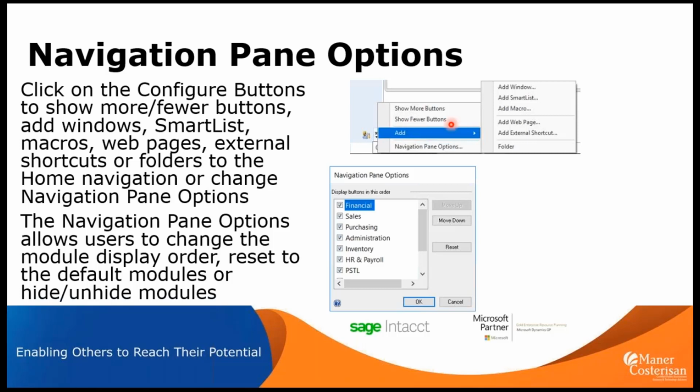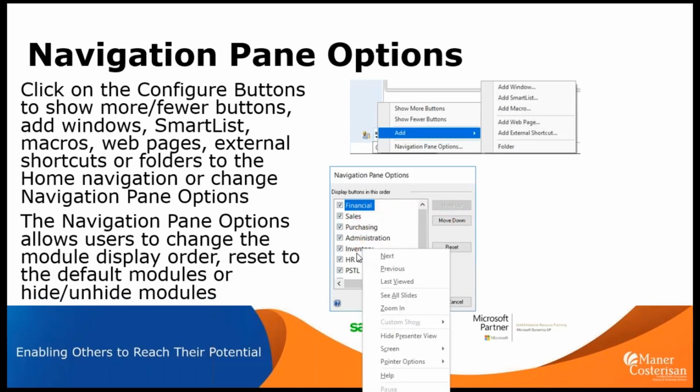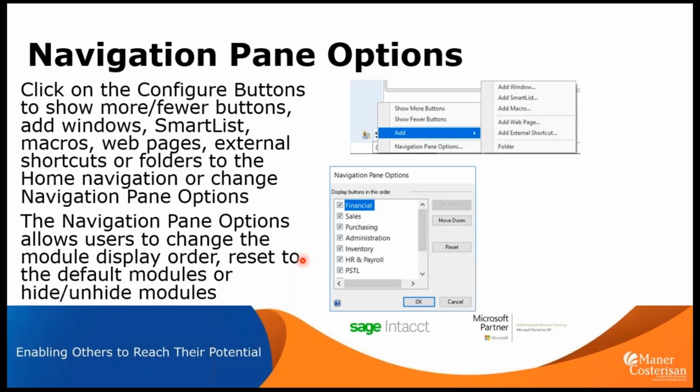So you could add Windows, SmartList, or macros to your home landing page, or you could remove what you're seeing, such as if you don't do administration or purchasing, you can remove those. Or you can change the order of them. So if you click on, for example, financial, and then click on move down, it will move that down in that order. Once you have it the way you like it, you click OK, and it will save that for your specific user.